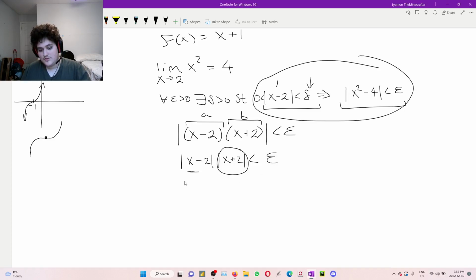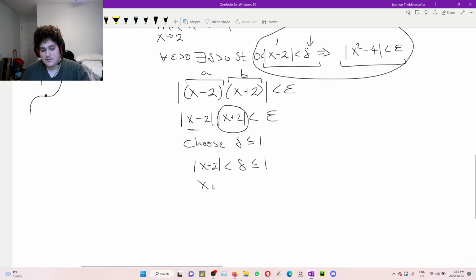So I can choose that delta is definitely going to be less than or equal to 1, right? You can choose any number here to get rid of the x plus 2 term, but 1 is the convention. So if we have the absolute value of x minus 2 less than delta, which is less than or equal to 1, then it makes sense that x minus 2 will be less than 1, right?